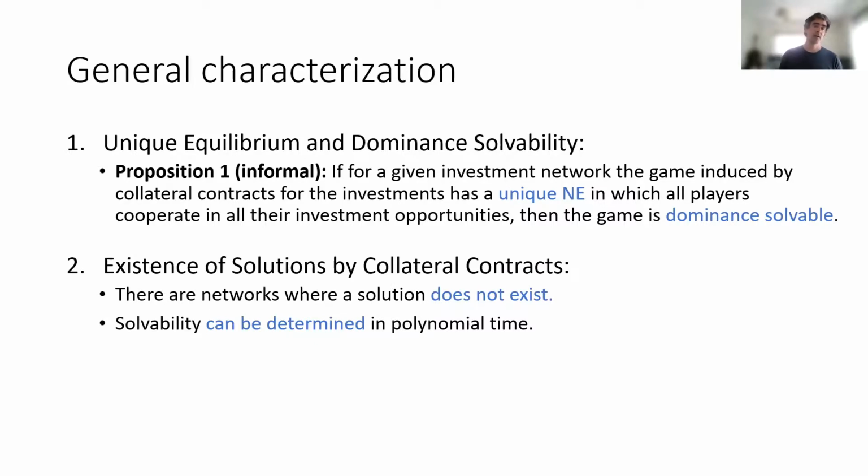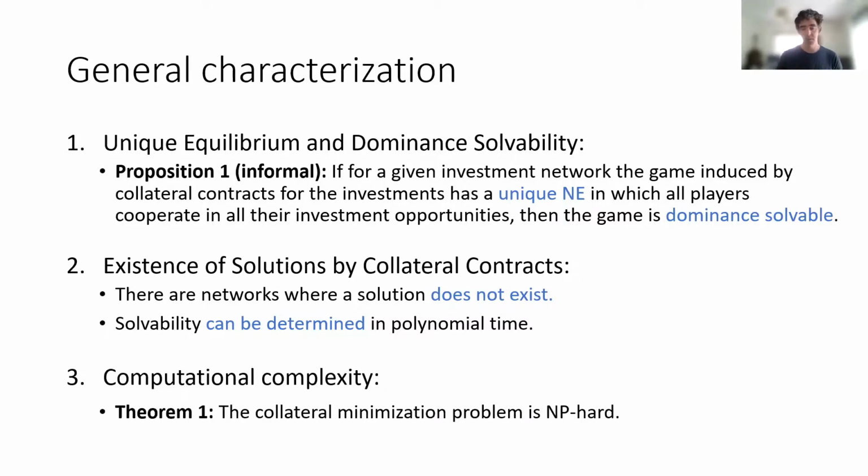And then we talk about existence of solutions by collateral contracts. We show that there are networks where a solution does not exist. And we show that solvability can be determined in polynomial time. And in fact, we show exactly how you can identify problematic structures in the network. You can read more details in the paper.